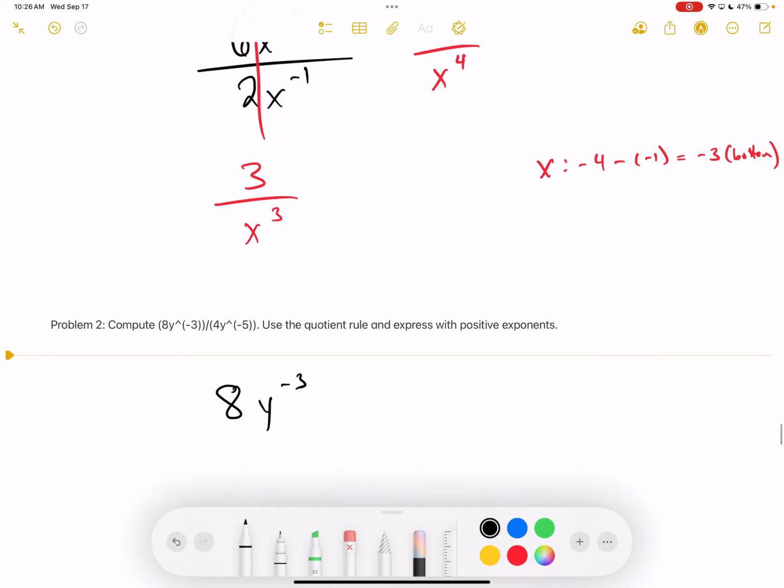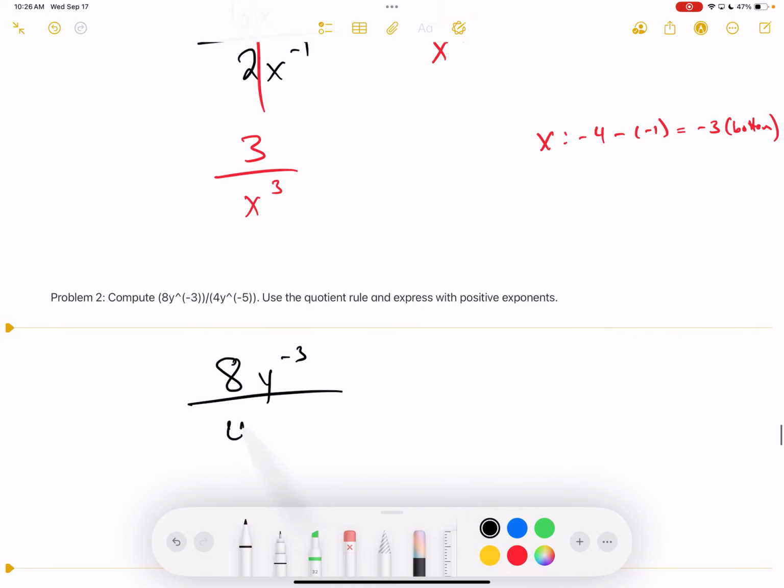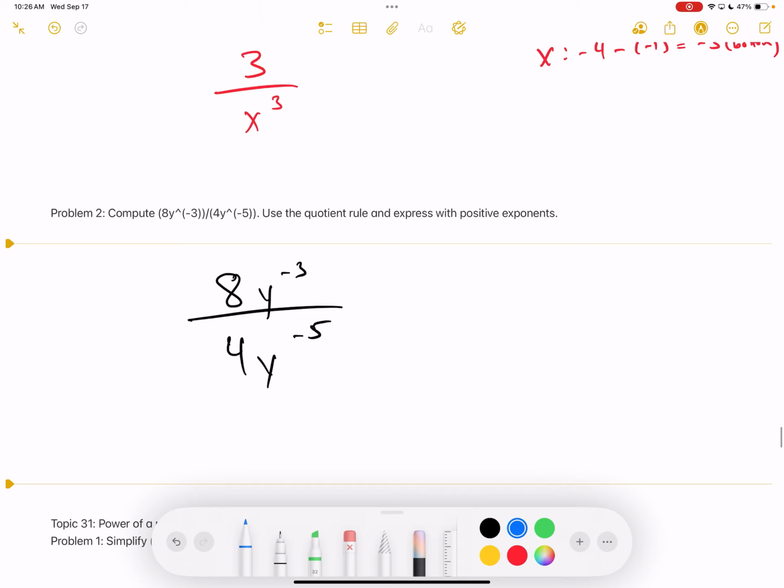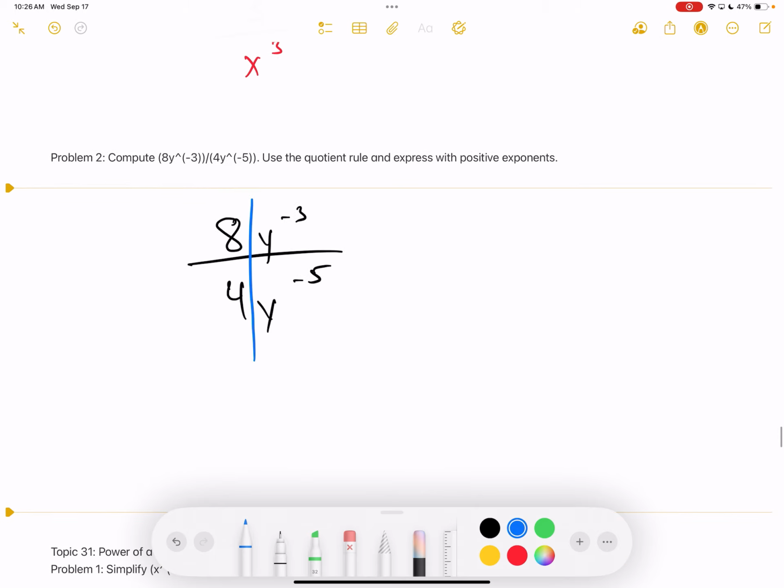8y to the -3 over 4y to the -5. So again, my numbers are easy on this one. 8 divided by 4 is 2. My y's, if I want to make that 5 positive, I move it up. If I want to make that 3 positive, I move it down. So I have 5 on top and 3 on the bottom.